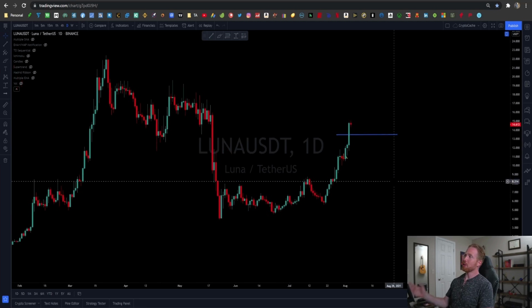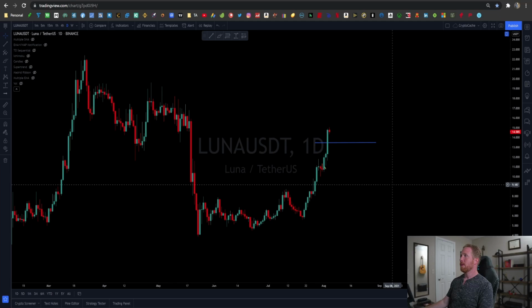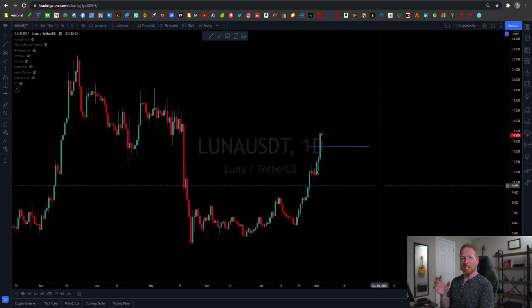So my prediction here for Luna is to see some sideways action, possibly a further increase depending on, obviously, the fundamentals. But minus that, if Bitcoin continues to go sideways, then we'll probably see Luna go sideways too in a little bit. But generally speaking, since it's moving independent of Bitcoin right now, it really doesn't matter what Bitcoin's doing. I mean, I think Luna will take off even further if Bitcoin does well.